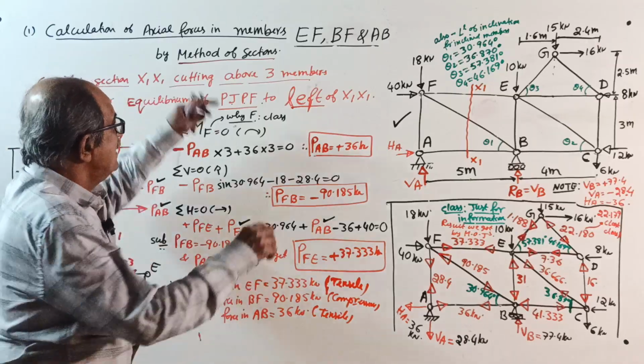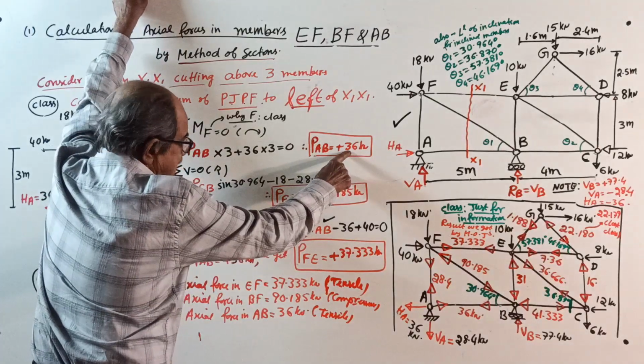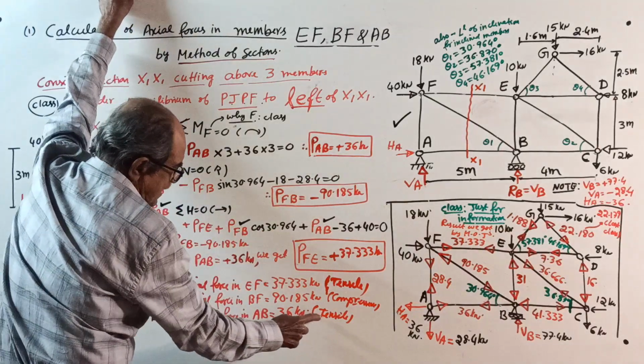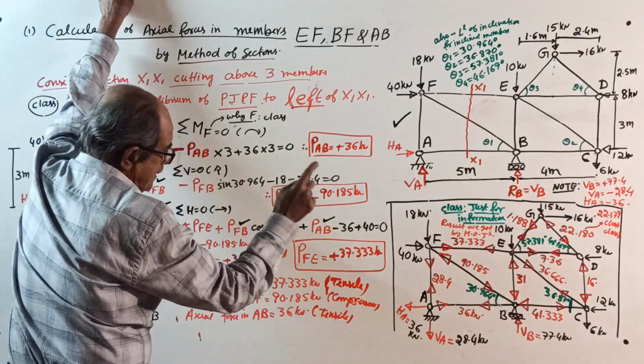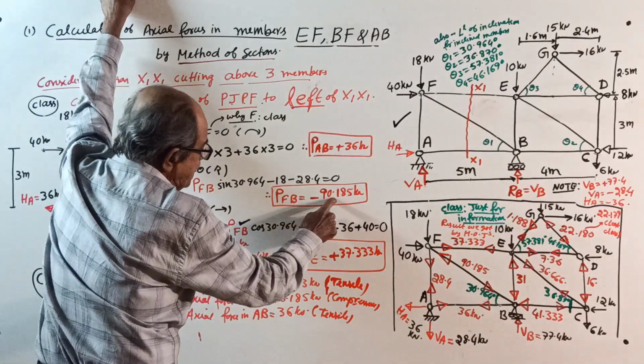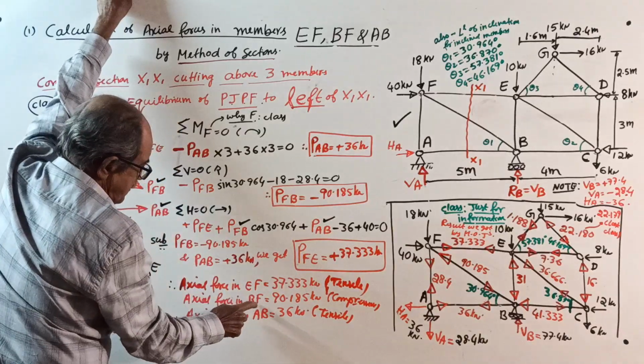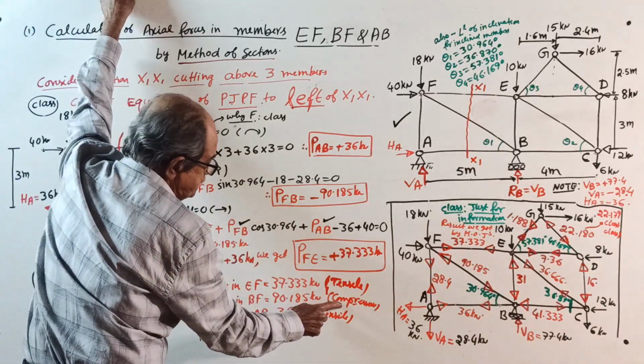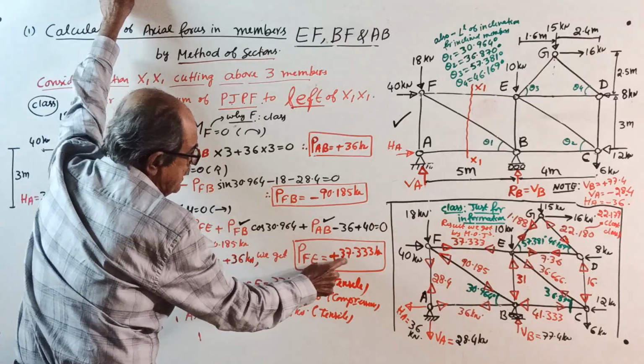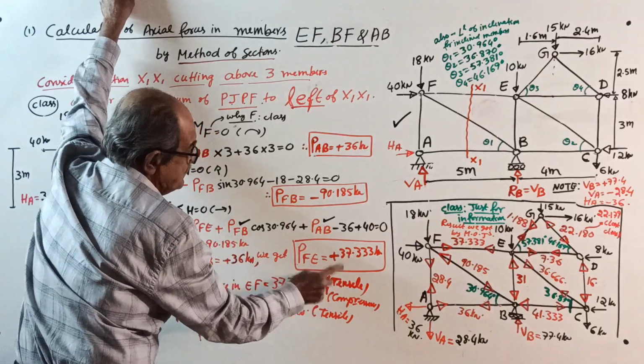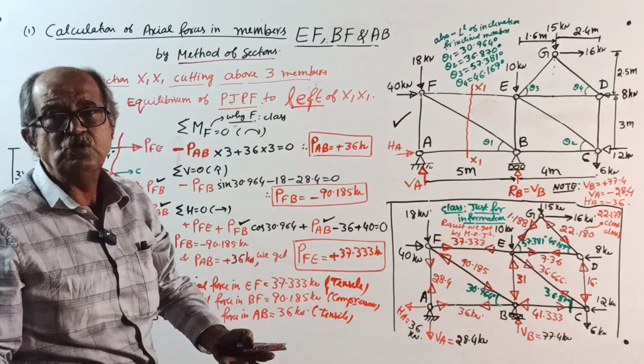Remember. So, A became plus. So, correct. Tensile 36. No minus. Then FB came negative. BF or FB. Therefore, compressive. And FE came plus. Means correct. Tensile. That also will do.